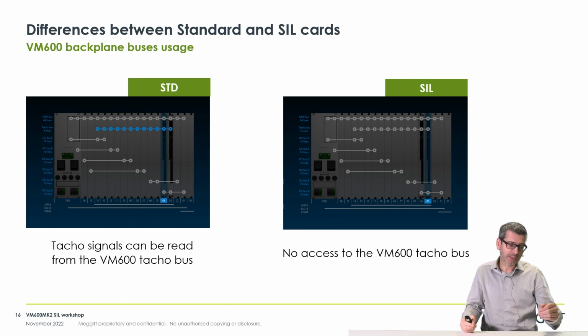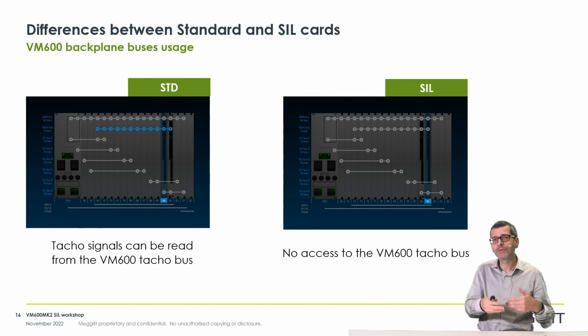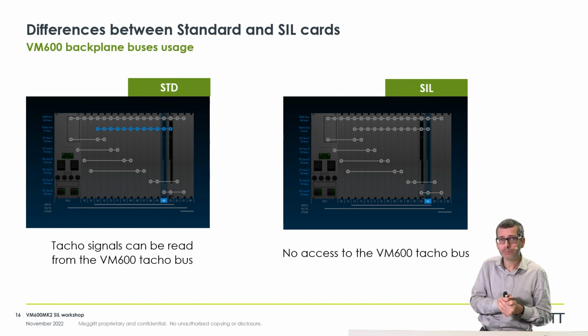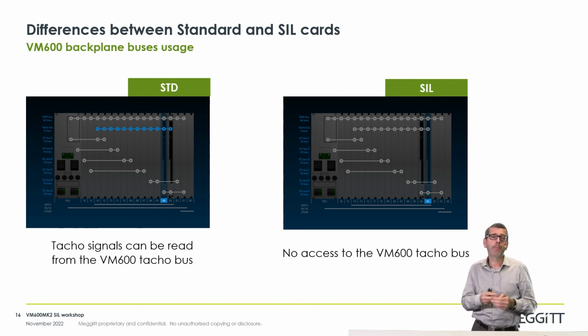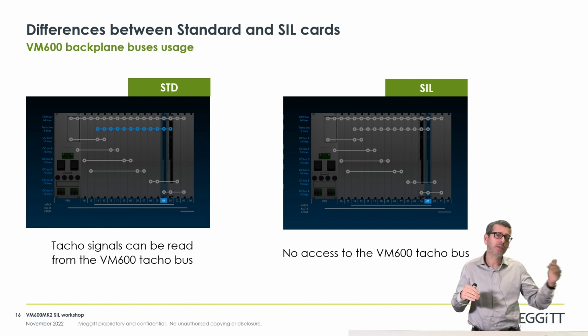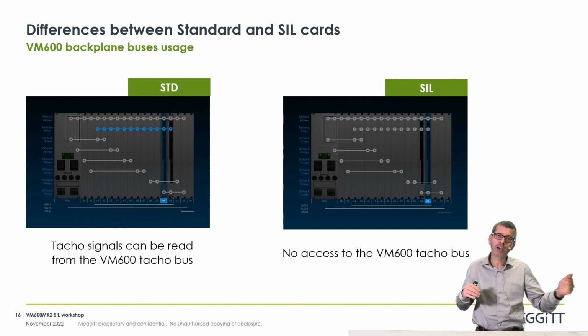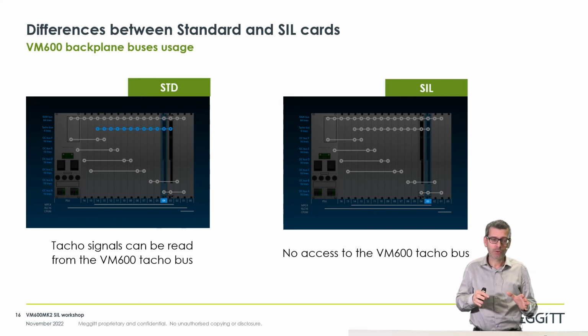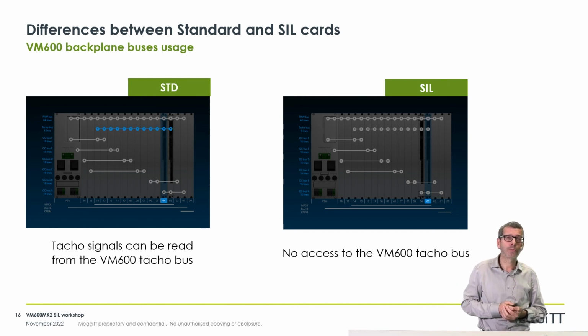In case of the standard cards, we can connect that speed sensor to one of those MPC4s, and the other ones will receive that speed signal via the TACO bus. The SIL card must work in isolation. It cannot depend on another card on the rack. So that's why on the SIL card, the TACO signal must be directly connected to the SIL card itself. So no TACO bus reading is allowed.